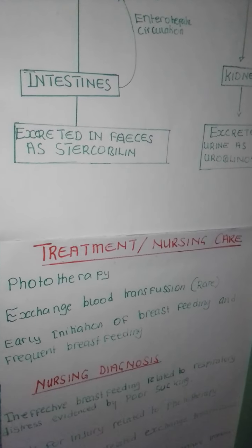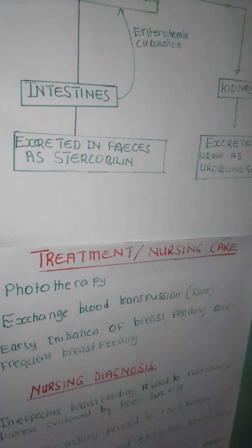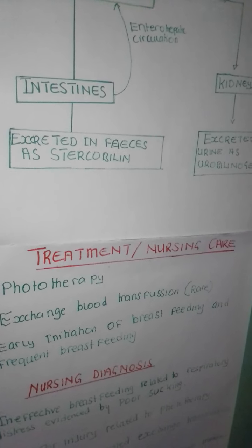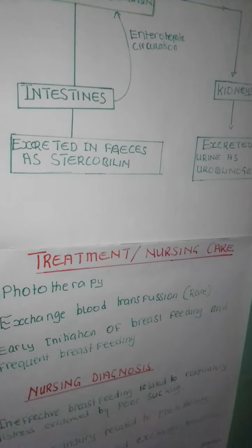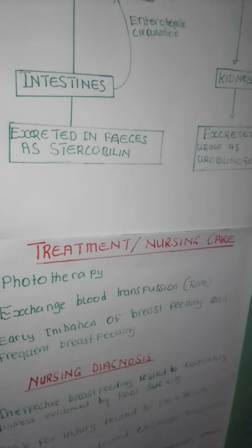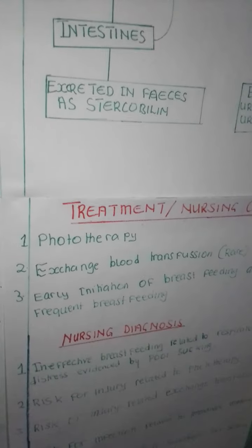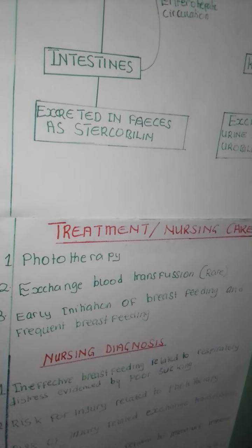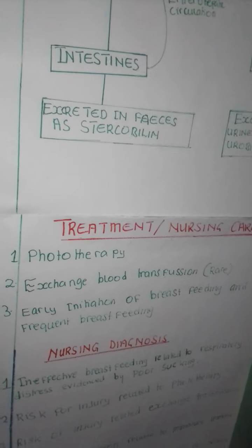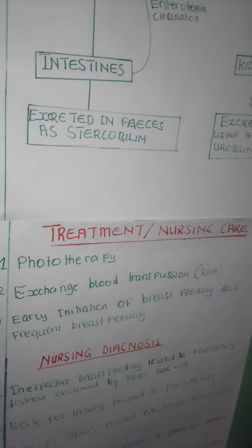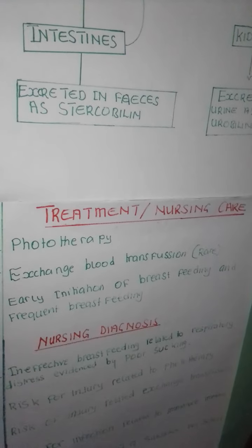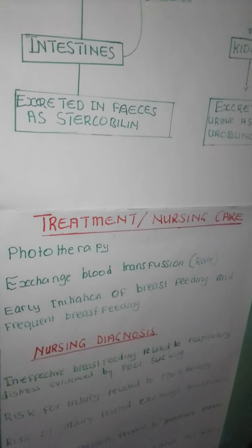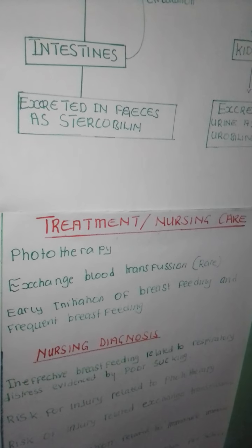This one is rare, but it helps remove the blood which has excess bilirubin and transfuse blood which has low bilirubin. You can also initiate early and frequent breastfeeding. This will help improve peristalsis, and the bilirubin will be excreted as stercobilin.